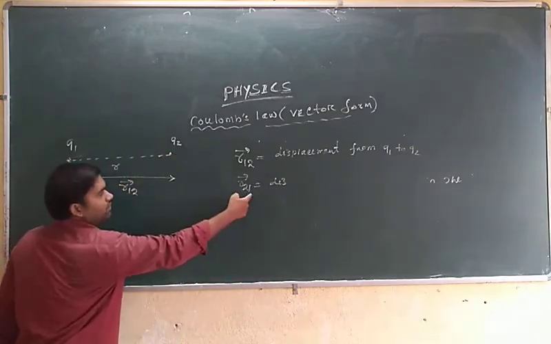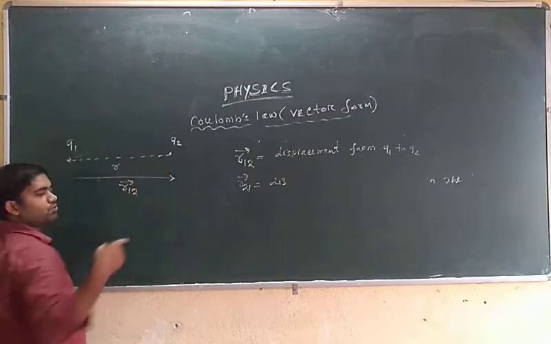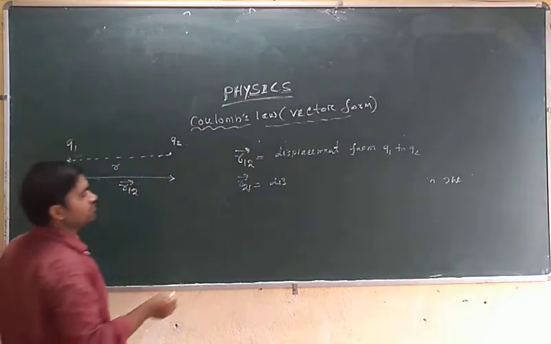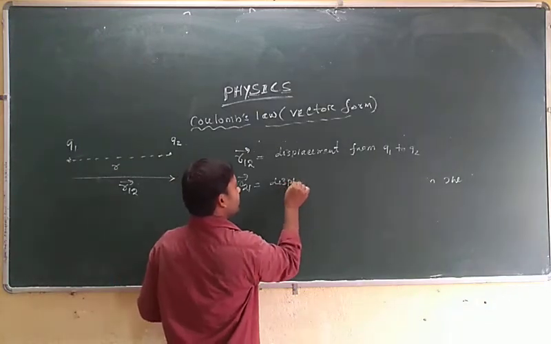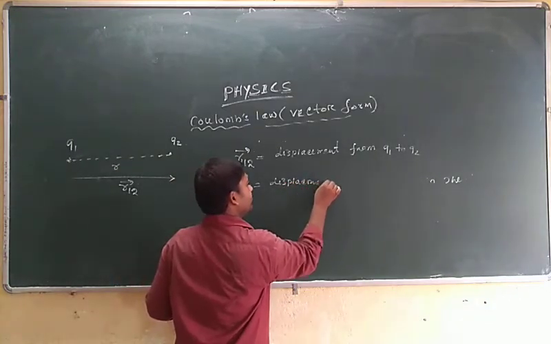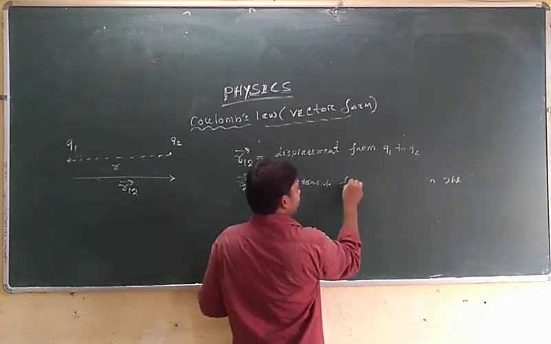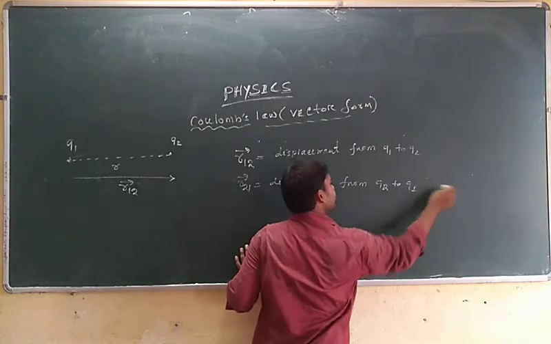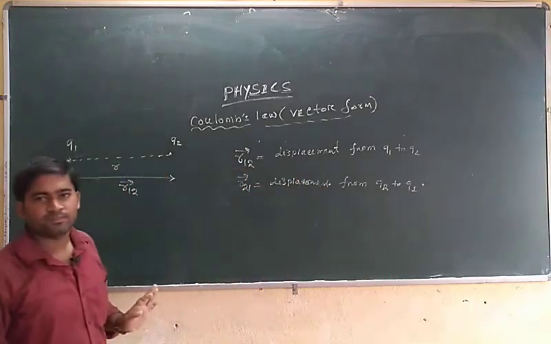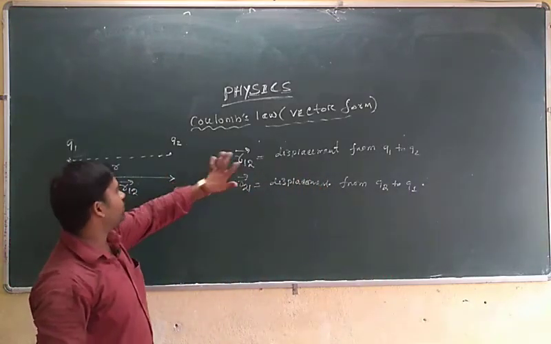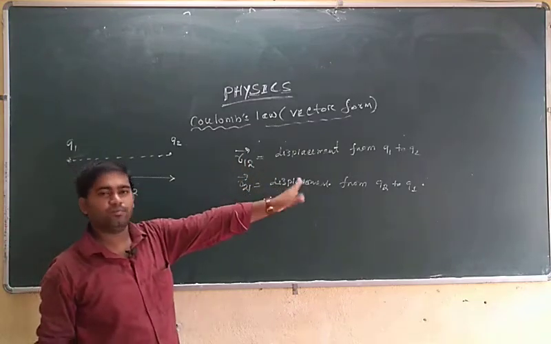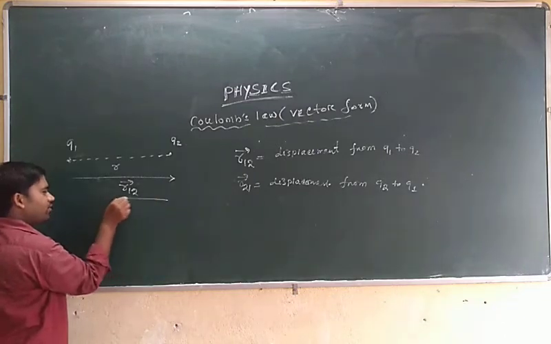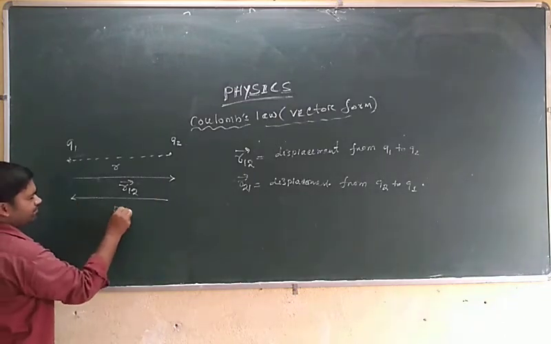So R21 vector is the displacement from q2 to q1. R12 vector is the displacement from q1 to q2, and R21 vector is the displacement from q2 to q1.